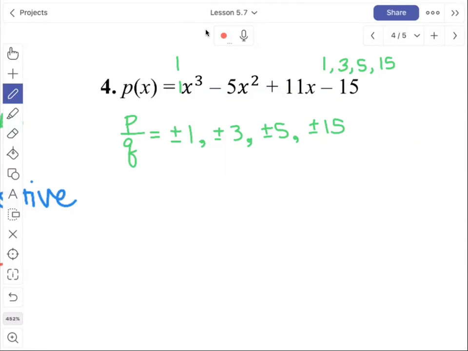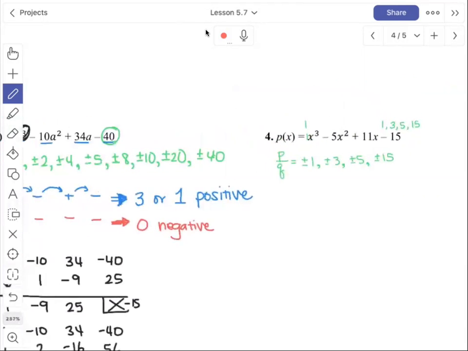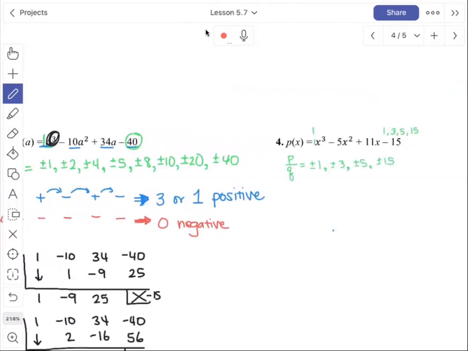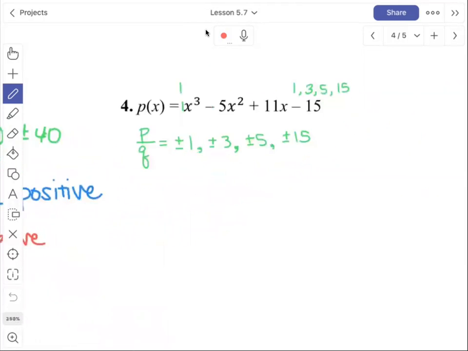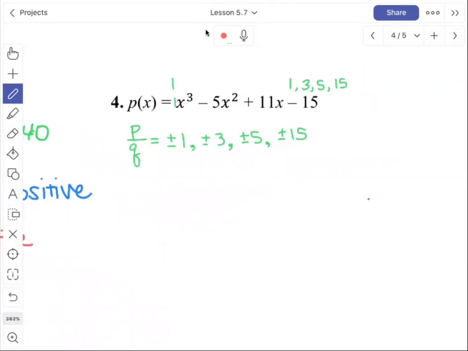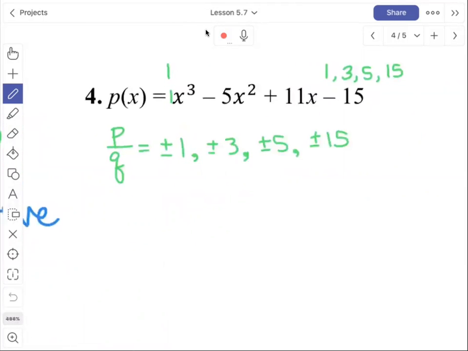Let's use Descartes' rule to tell us how many positives and how many negatives we can expect, kind of like the blue one on number 3. Let's look at how many sign changes there are. Looking at number 4, is the first term positive or negative?